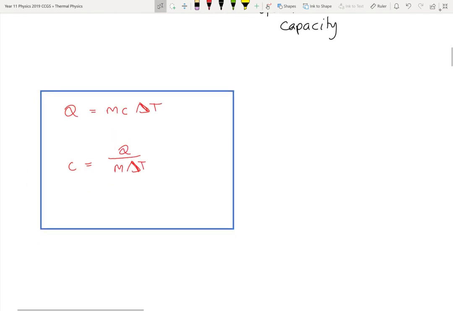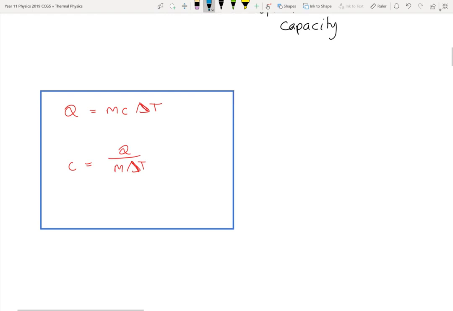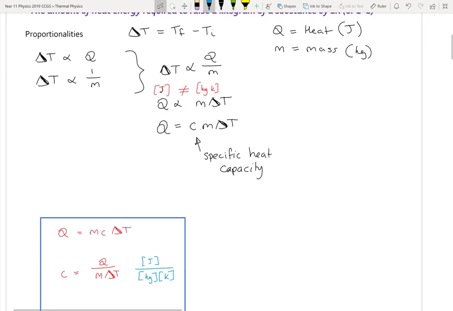The reason I want to write Q over M delta T is because we can get the units now for our specific heat capacity. It's going to be joules divided by, our units for mass are kilograms, and the unit for delta T is Kelvin. Delta T equals change in temperature, which was Kelvin.